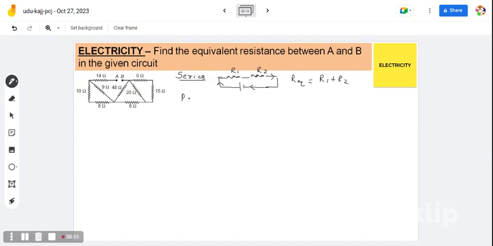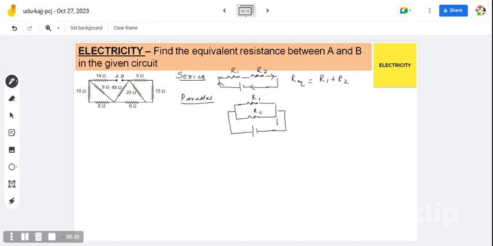Now a case of system of resistors connected in parallel. Let R1 and R2 be two resistors. Now see, they are connected to a battery.